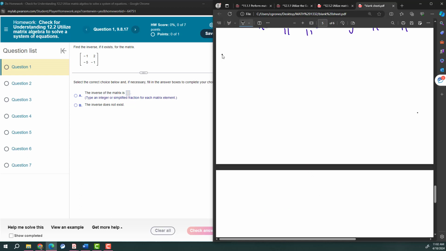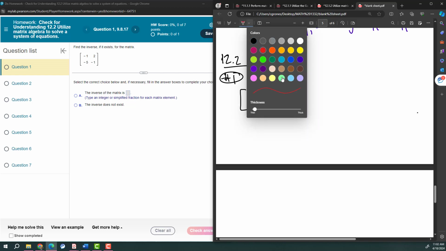So this is 12.2 and number 1, and we're going to find the inverse of, you got negative 1, 2, negative 5, negative 1. What we're going to do is basically add on your identity matrix.